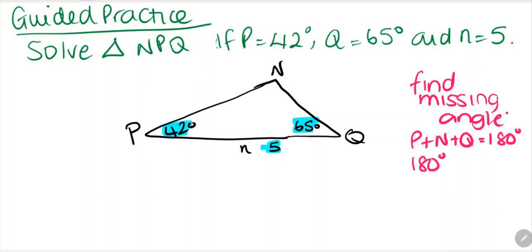So 180 degrees minus 107 is equal to 73 degrees. So we know that N is 73 degrees.